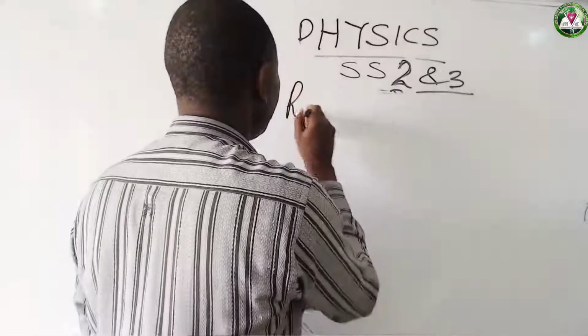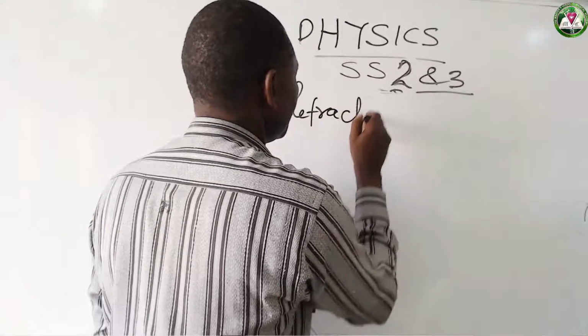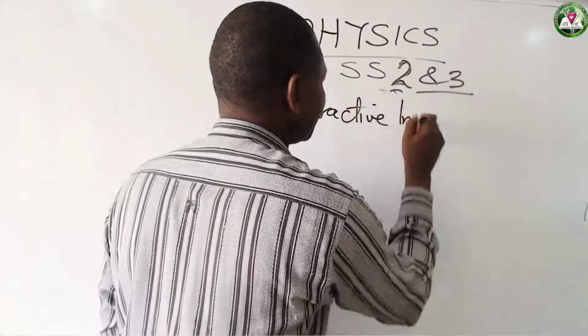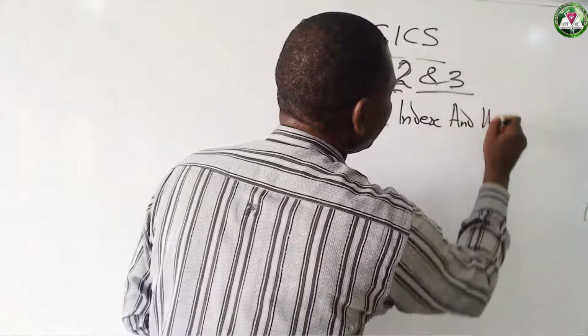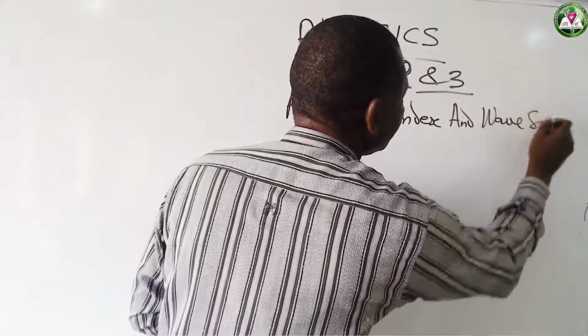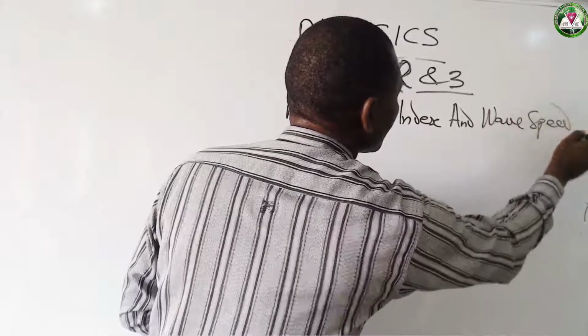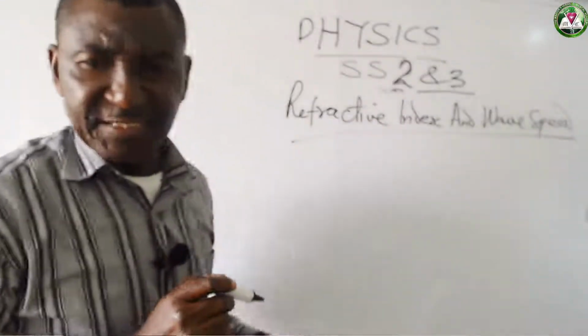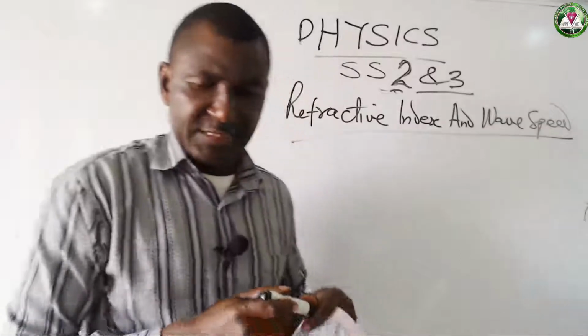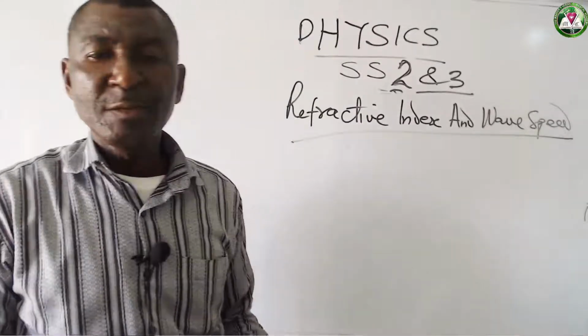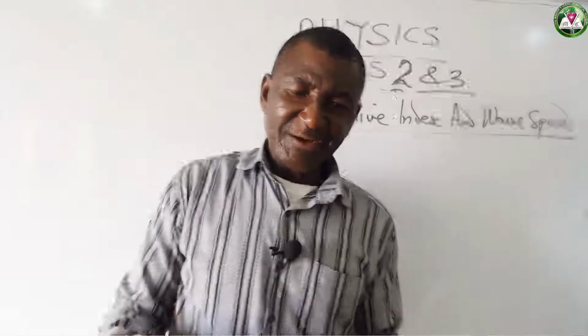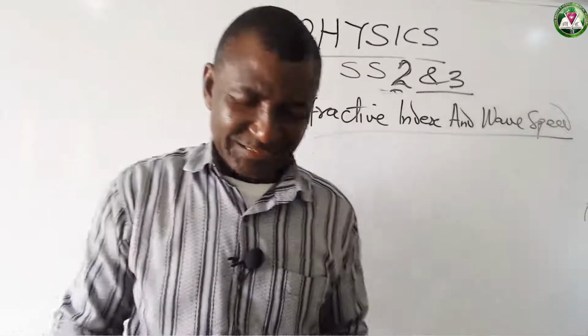So that's our subheading: refractive index and wave speed. We may still say it is the velocity of the wave. I hope we are taking down all those things. Very, very important. Thank you very much.